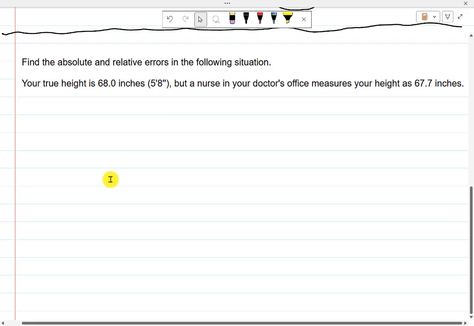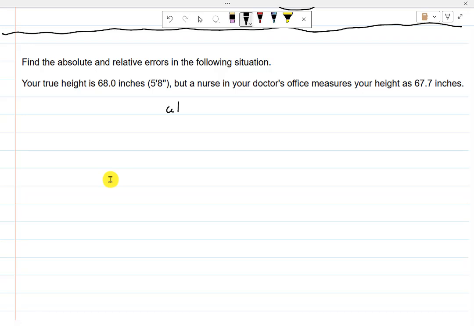For this problem, recall the following. The absolute error equals measured minus reference. So in this first problem here, the true height is going to be the reference one because that's the one we're going to measure against.